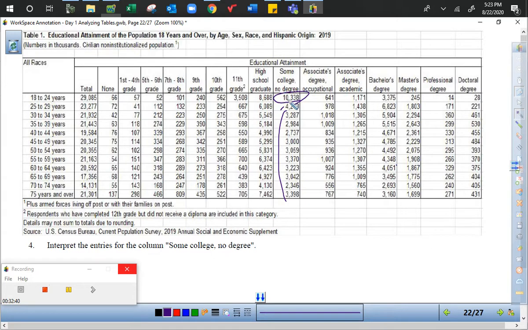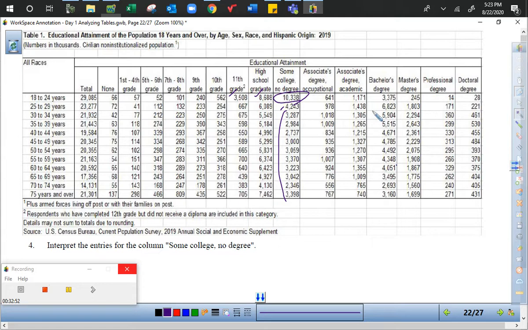And in fact, that's actually the case for some of the other ones as well. Like if you'll notice this one, and this one's quite a bit higher as well. And I want to talk about why. We're supposed to interpret it. So if we think about the age group 18 to 24 years, why does it make sense that that age group has a lot more people who have some college but no degree than some of the other age groups?